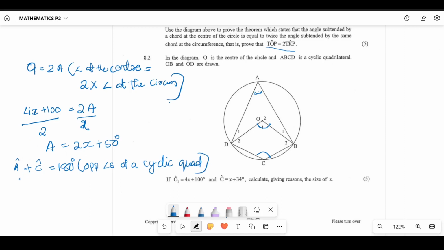That means 2x plus 50 plus x plus 34 is equal to 180. That is 3x equal to, you subtract 180 minus 50 minus 34, that will give you 96, dividing by 3, x equal to 32 degrees. That is x, 5 marks.